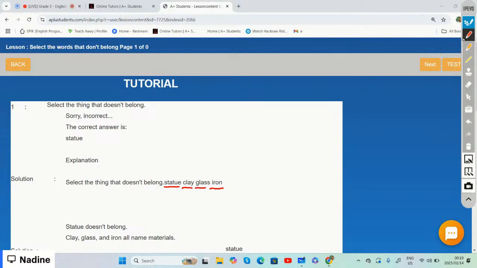We have statue, clay, glass, and iron. So we need to select the word that doesn't belong.